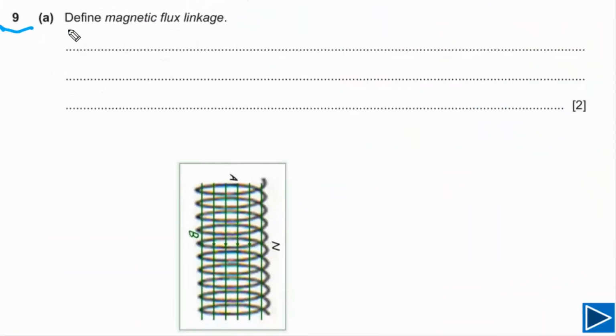For question number 9, part A, we need to define magnetic flux linkage. First of all, let's try to understand magnetic flux linkage with the help of a formula. Magnetic flux linkage is simply equal to the number of turns of the coil times magnetic flux.